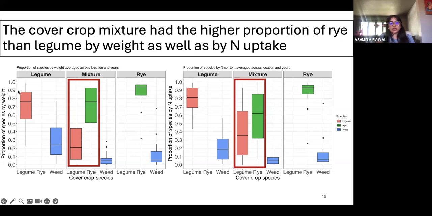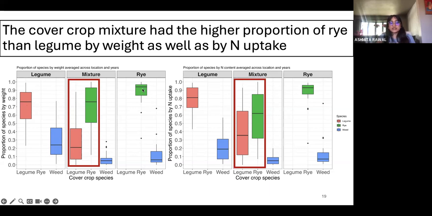And here we are looking at two figures. One, this whole thing, is weight, that is biomass, and this is nitrogen uptake. And here, this pink color represents legume, and this blue is always representing weed. Green is always representing rye. So around 75% of the legume biomass is actually contribution by legume, and the rest, around 25%, is weed.